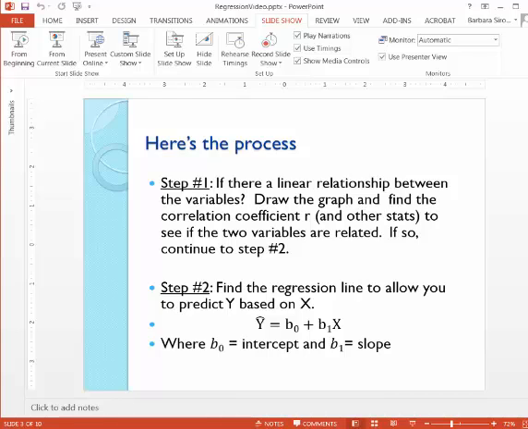If they're not related, then I stop and go do something else. But in step 2, I will find a regression line that will allow me to predict y based on x. This actually looks sort of like the line that you learned about in high school, y equals ax plus b or whatever. In this case, b0 is the y-intercept and b1 is the slope.